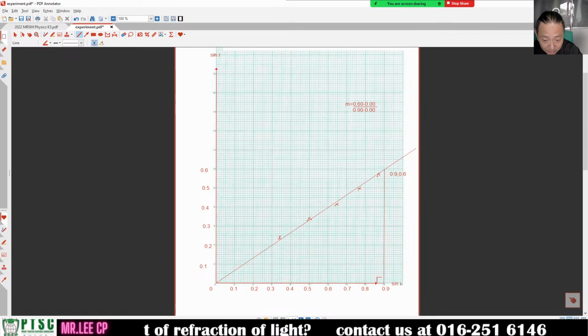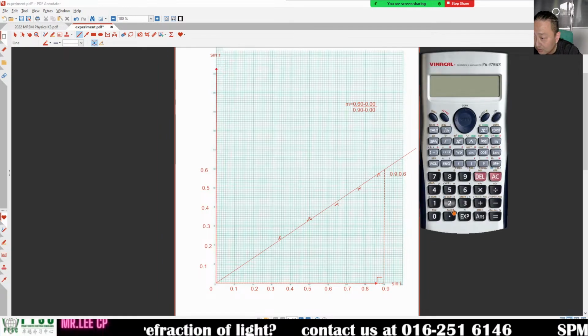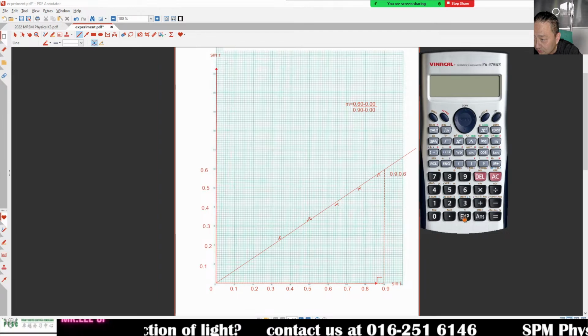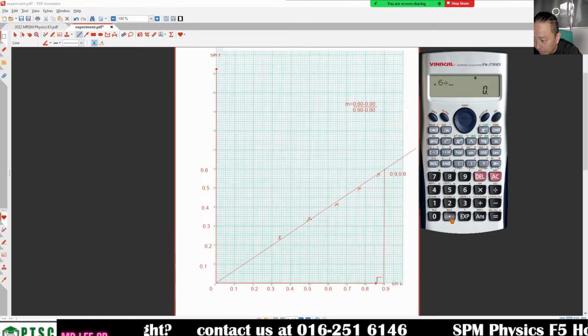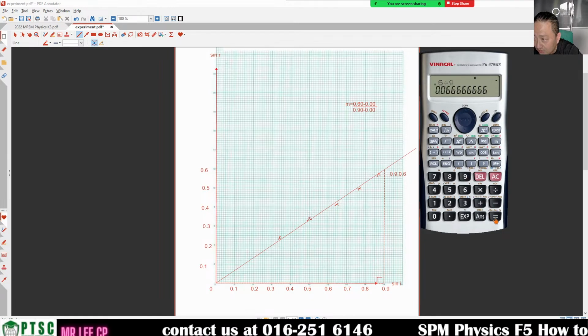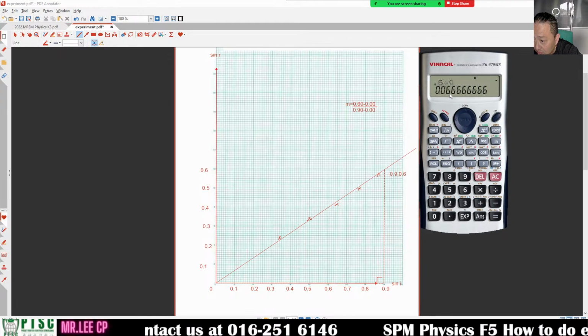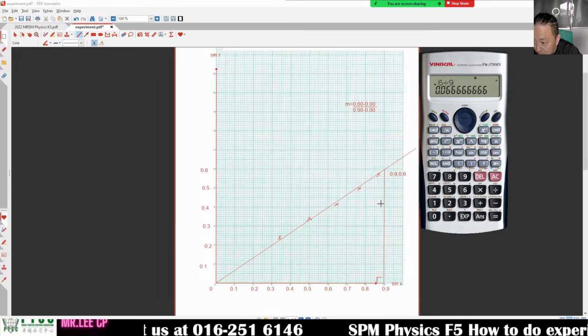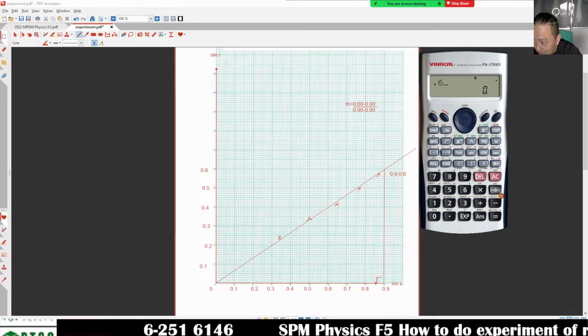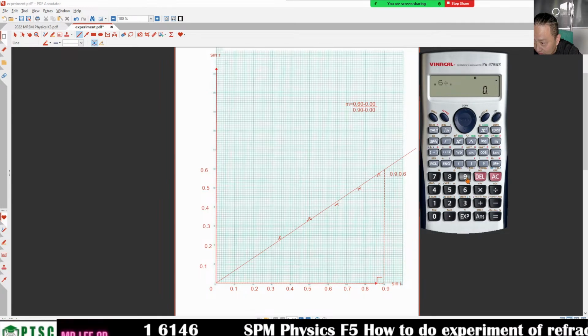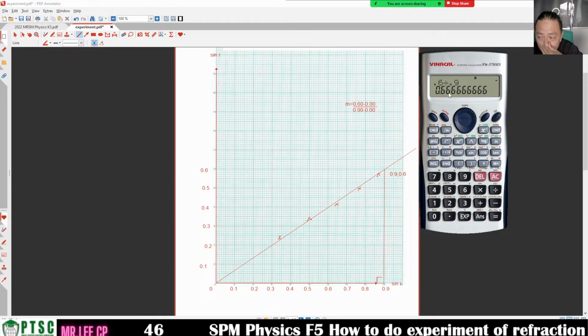0.6 divided by 0.9, what would I get? I'll get 0.67.